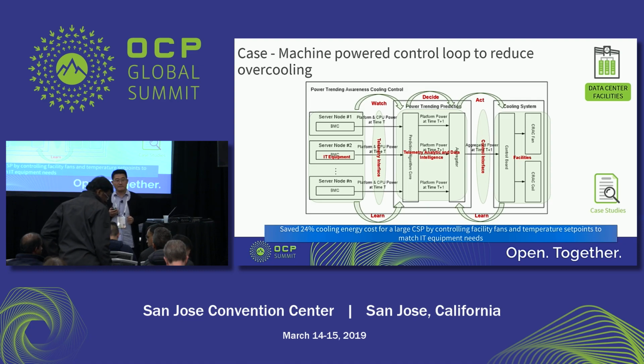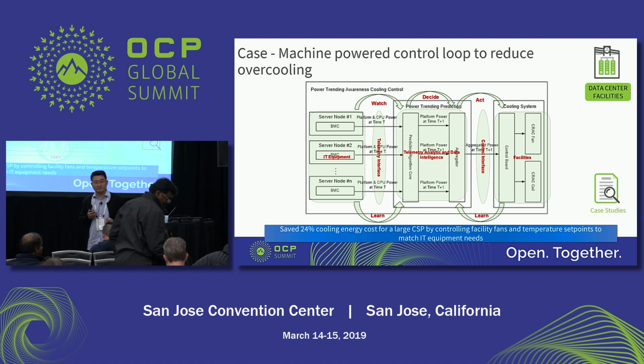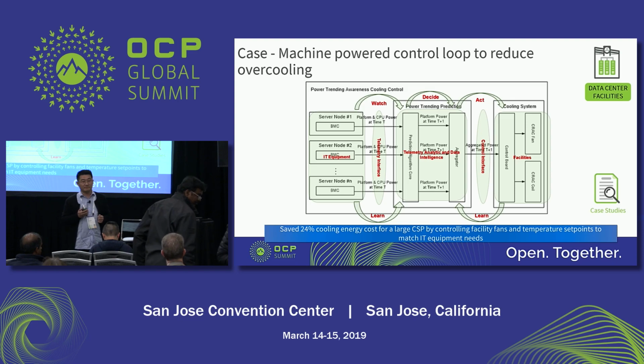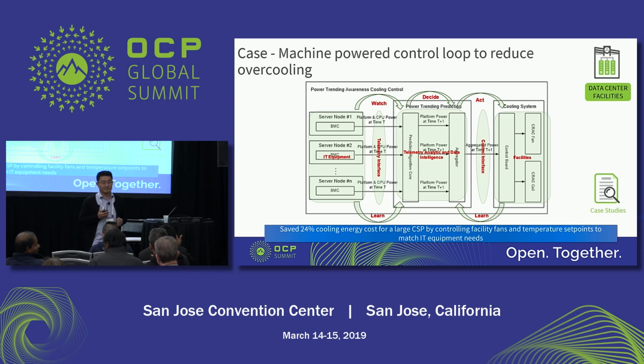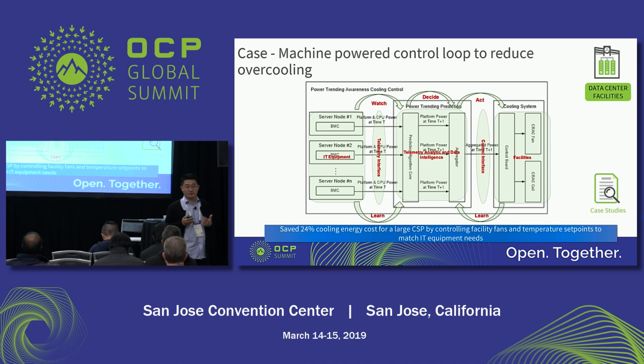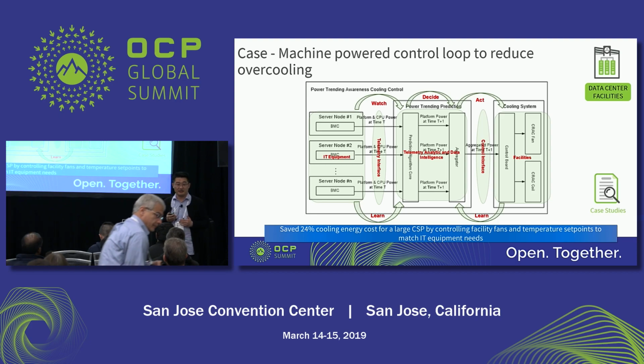Is there any thought to bring in the workloads which drive the power consumption? I believe we can use the workload, but for this collaboration, it makes sense to keep it simple for the real deployment. Definitely, we can use the workload to do more prediction and refine it.